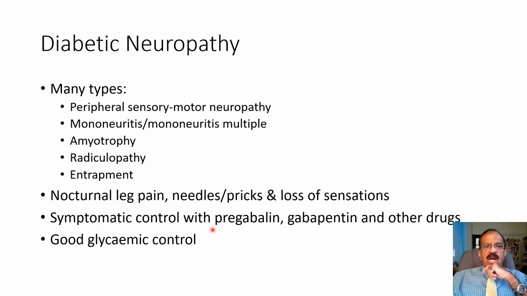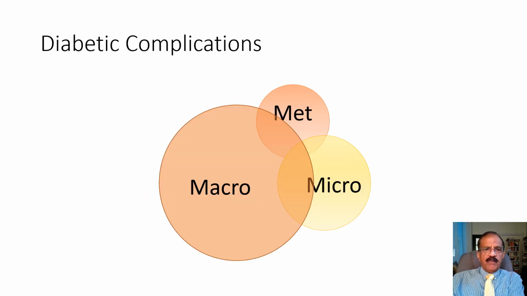These patients are also at an increased risk of developing diabetic foot and what is called hypoglycemia unawareness. They are at more risk of developing hypoglycemias, and they might not develop the warning symptoms of hypoglycemia. So that is another problem with neuropathy.